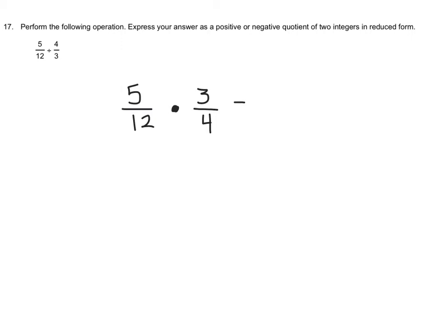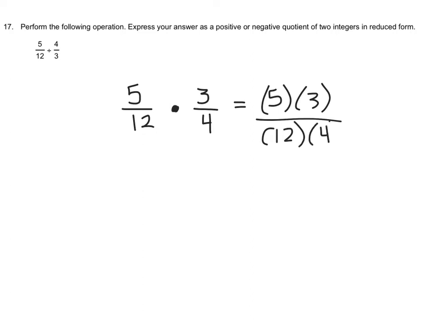So I'll multiply the top numbers together, which is 5 times 3, and then I'll multiply the bottom numbers together, which is 12 times 4. And 5 times 3 is 15, and 12 times 4 is 48.